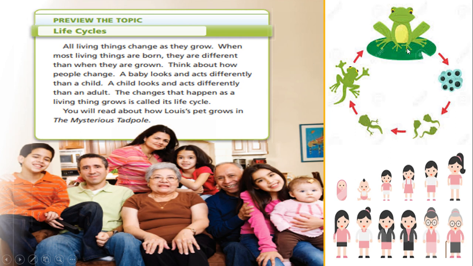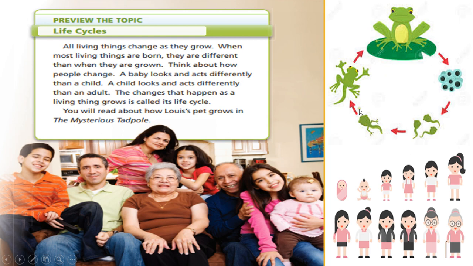For example, this frog was born and laid at the beginning as eggs. Then it grew and became a tadpole, and then it became a very small frog. Then it got a little bigger and became a full grown frog at the end.